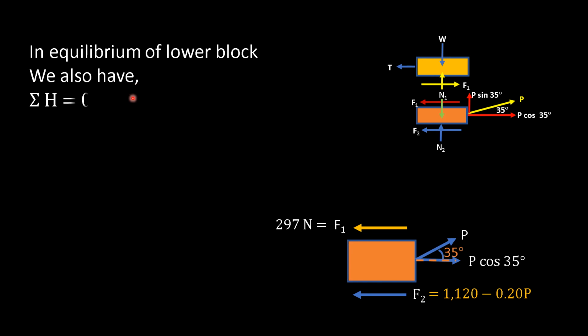We also have summation of horizontal forces equals 0. So P cos 35 degrees, which is positive because it is acting towards right, minus F1, which is negative because it is acting towards left, minus F2, which is negative because it is acting towards left.